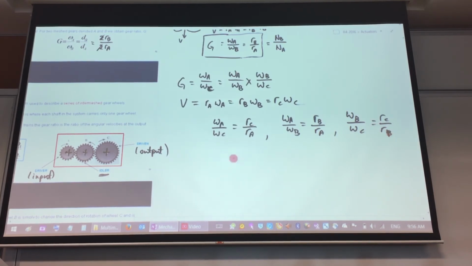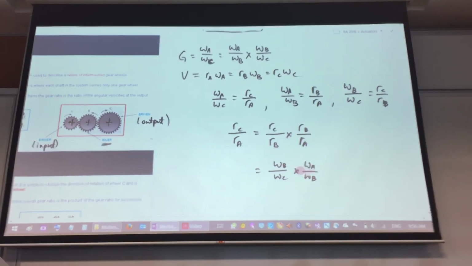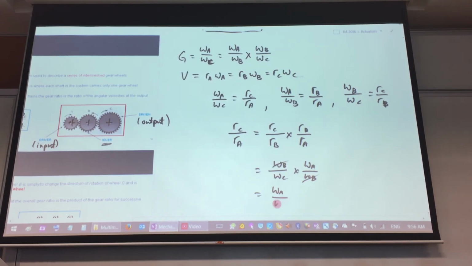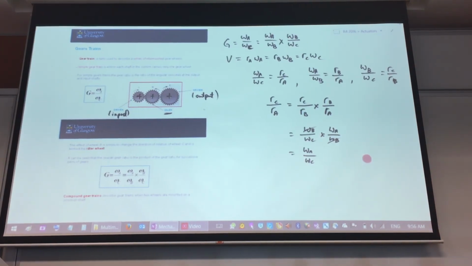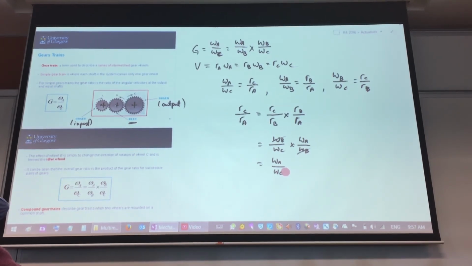So if I just look at this R C over R A, just this part over here, it's actually the same as R C over R B multiplied by R B over R A. So R C over R B, that is omega B over omega C. R B over R A, that is omega A over omega B. So this and this will cancel, leaving omega A over omega C. Again, you can see that this proves that the radius of your gear C over the radius of your gear A is equal to the angular velocity of A divided by the angular velocity of C. So between radius and angular velocity, the gear is the other way around.